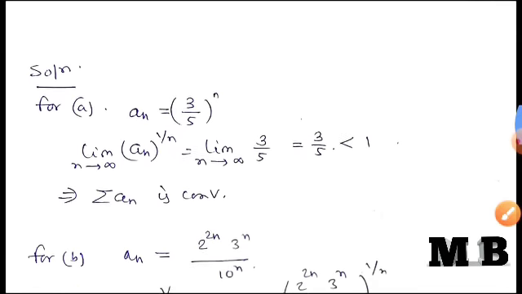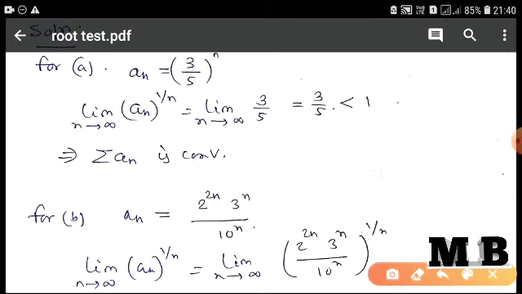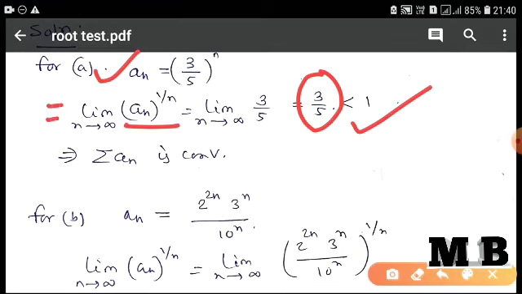So how do we approach? Simply we consider an equals, in this case, 3 by 5 whole to the power n, and just use the 1 by nth power and take the limit as n tends to infinity. You will find that it is 3 by 5, which is less than 1, and this is nothing but your rho. So rho is less than 1.